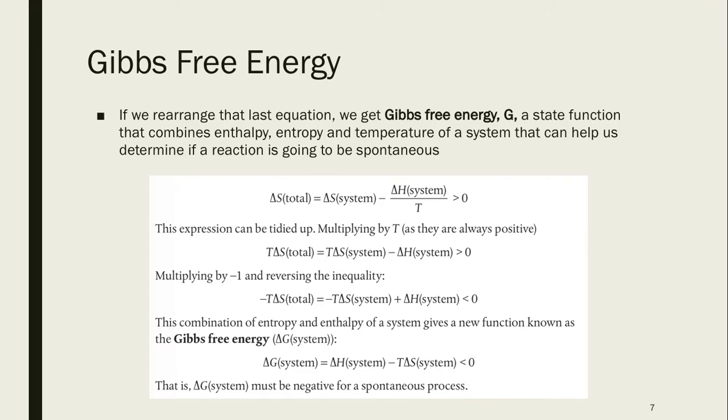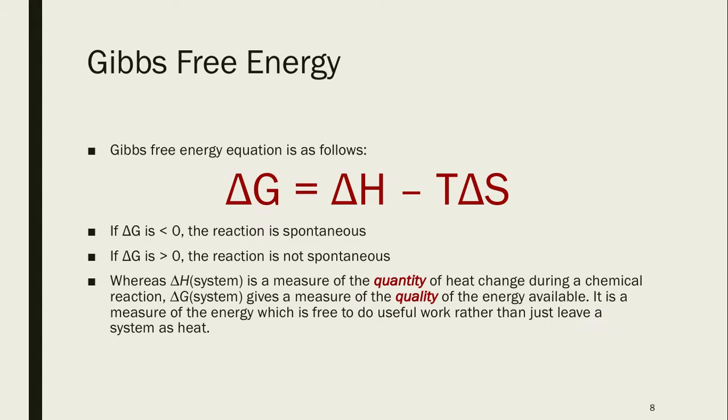This is the main point I want you to take away. That equation was manipulated to get delta G by itself, and that leads us to the Gibbs free energy equation: delta G equals delta H minus T delta S. This is the equation that you need to know.